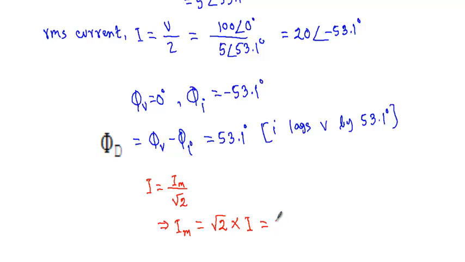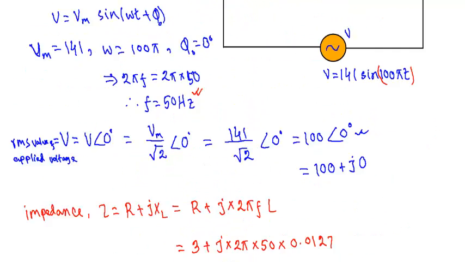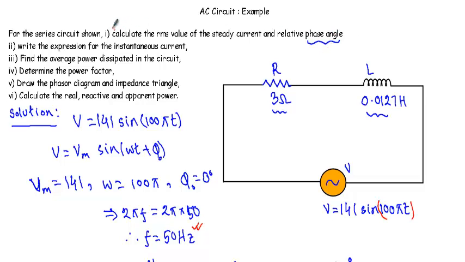It will be 1.414 into 20, which will be equal to 28.28 ampere. Okay, so I am done with step number 1.